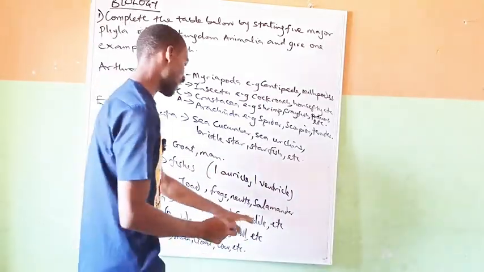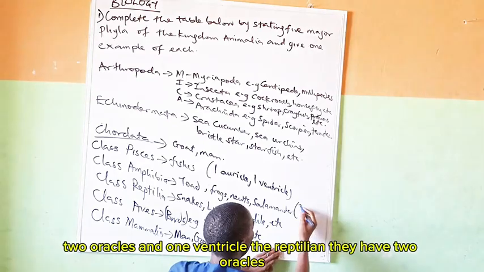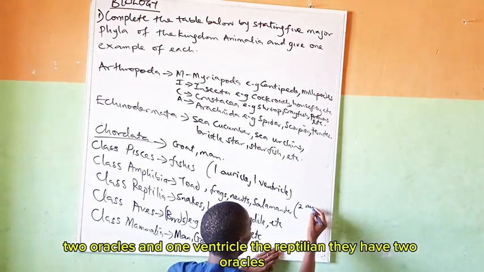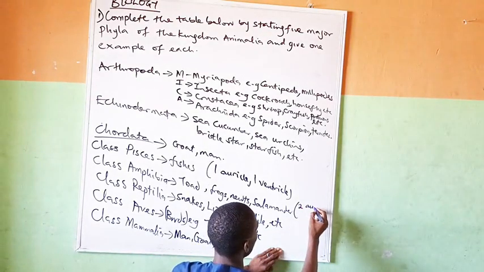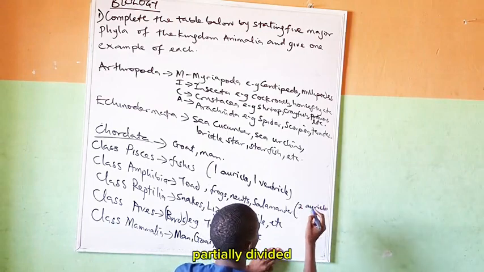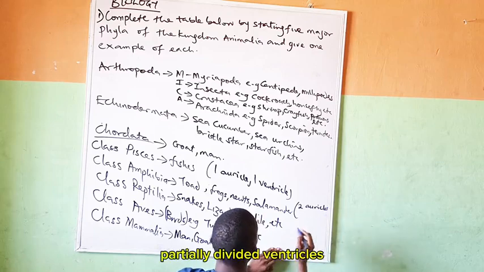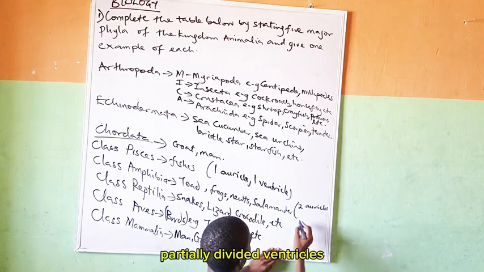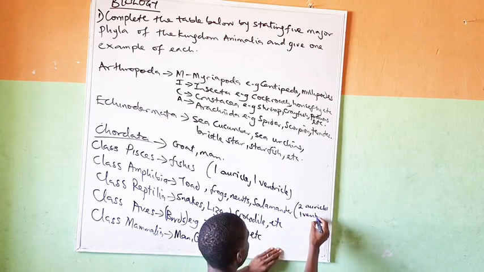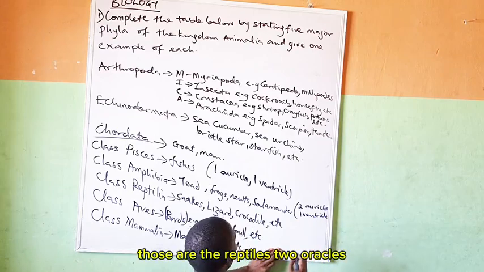The class Amphibia, they have two auricles and one ventricle.